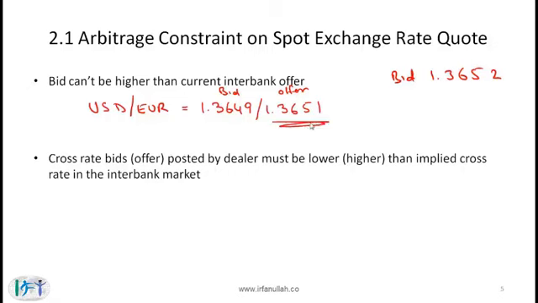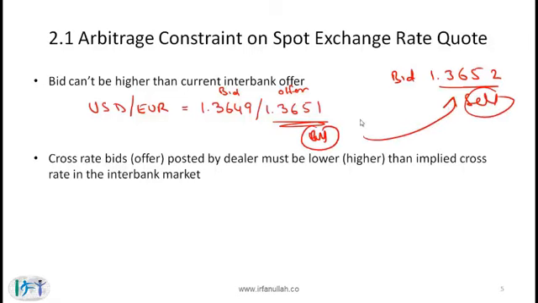So a third party can buy at this rate and then sell at this rate. Bid over here means that a dealer is willing to buy at this rate. So the third party, which is making an arbitrage profit here, is going to buy at this rate and then sell at this rate.